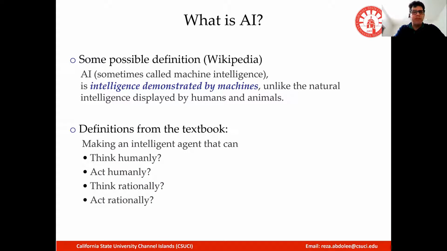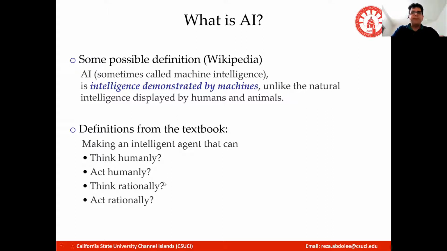But what are the different strategies and definitions for AI from our textbook point of view? And what strategy are we going to take to implement our AI agent or machine in this course?